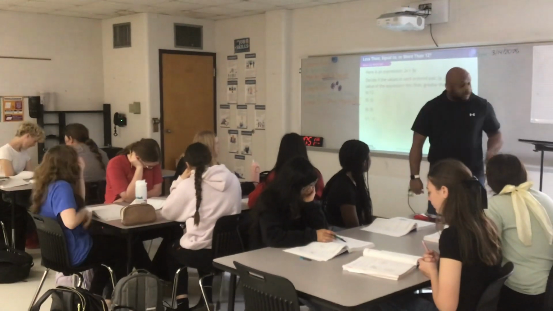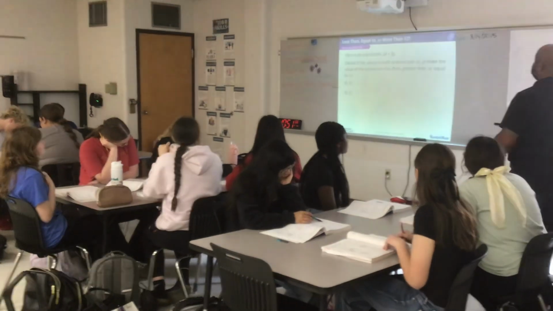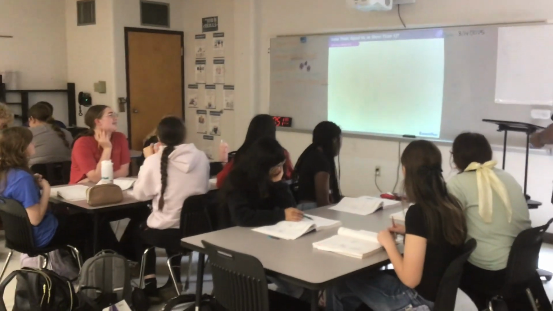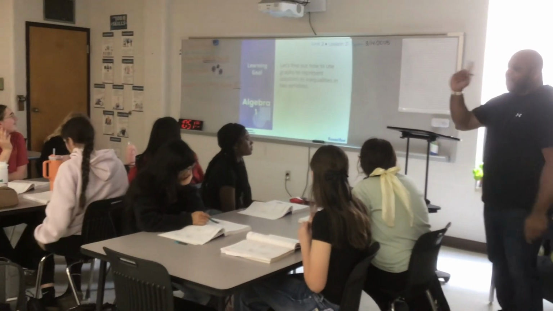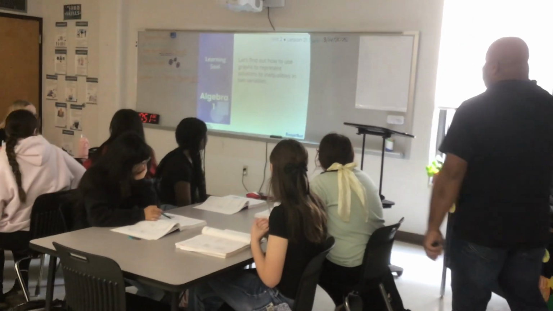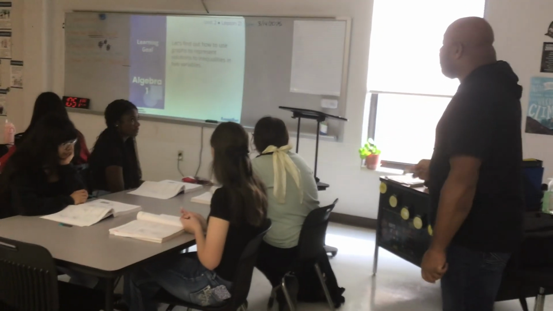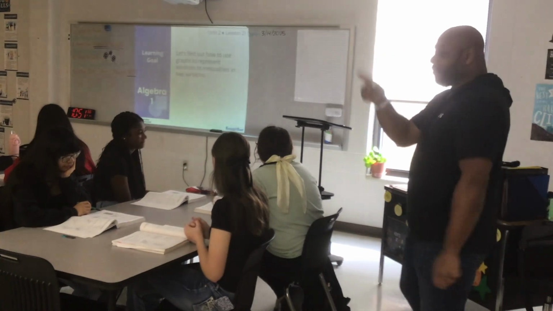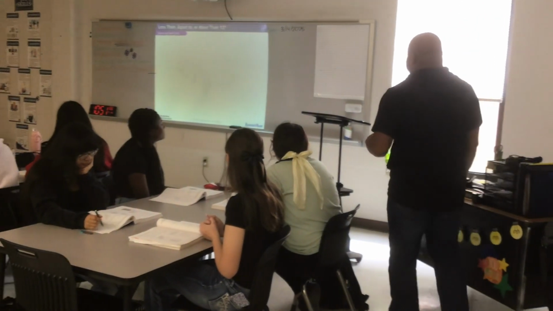Keep in mind, again, our learning goal, before we move on. What was our learning goal? Find out how to use graphs to represent solutions to inequalities in 2 variables. All right, so let's move on.